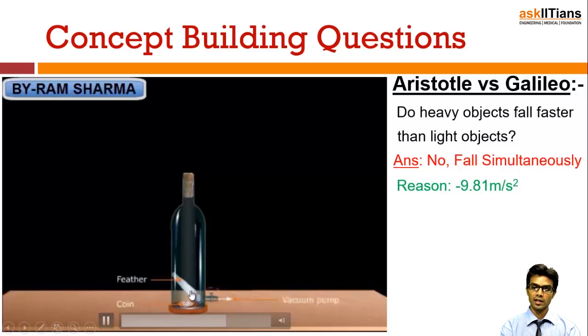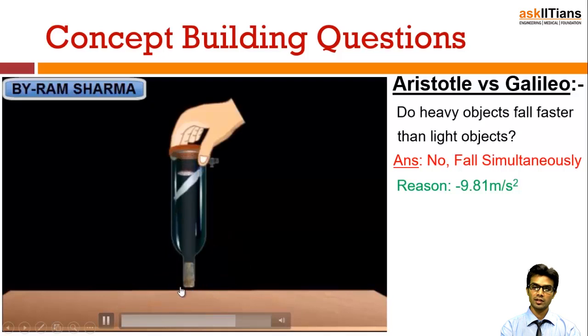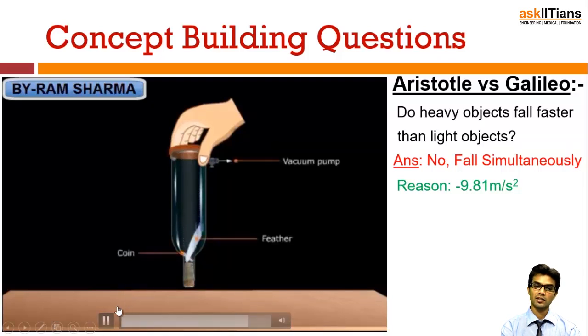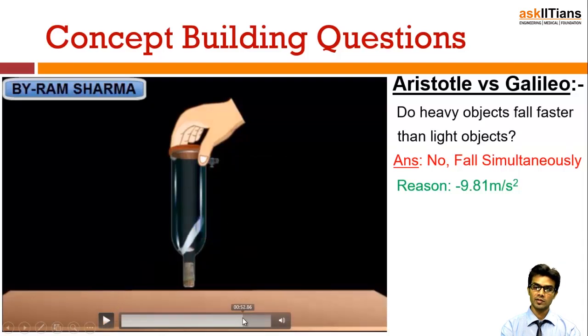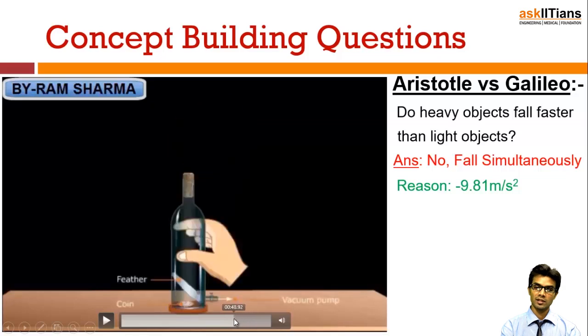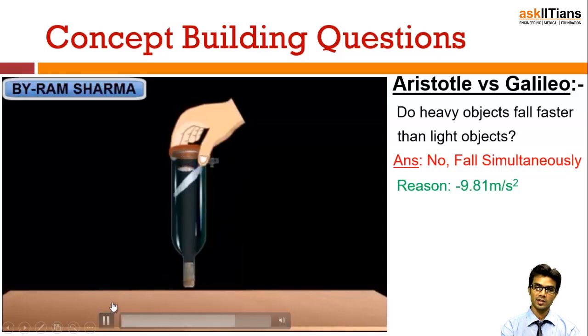The coin is heavier and the feather is very light compared to the coin. So see here, what have you seen? Both are coming down at the same time. Both are dropped from the same height, and both reach the bottom at the same time. Just see again. Both are coming at the same time.